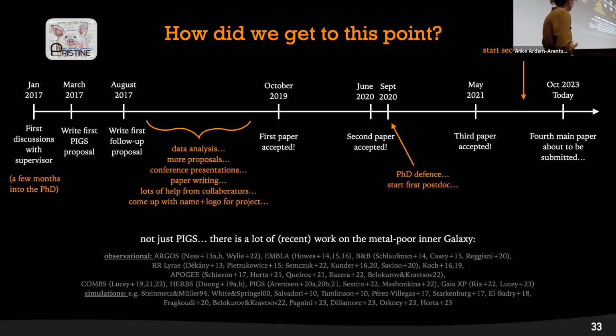And then also lots of simulation work to explain the stuff that we're seeing in the inner galaxy. So it's a very active topic of research, this early phase of galaxy formation that we're now slowly starting to see come into focus.